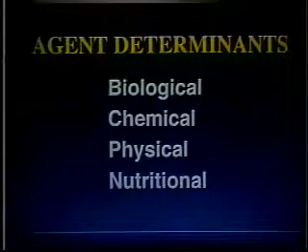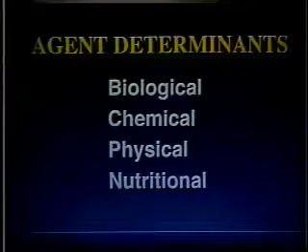Now, there can be many causes that may affect public health. These can be biological, and that's what we will limit our discussion to today, but they can also be chemical, they could be physical, or they could be nutritional. Chemical would be such things as air pollution. Physical would be such things as accidents. Nutritional would, of course, be such things associated with food hygiene or other factors.